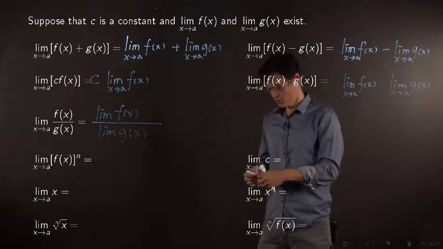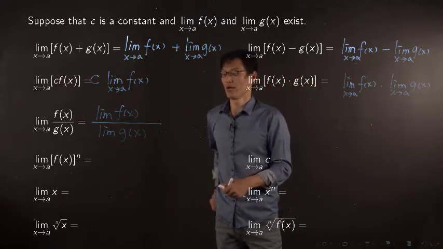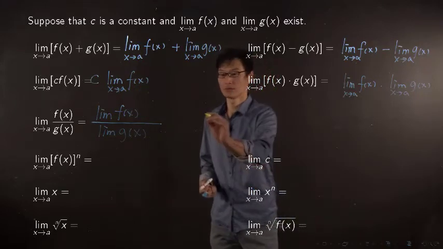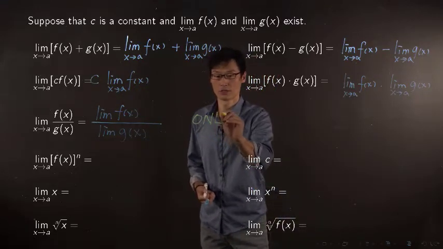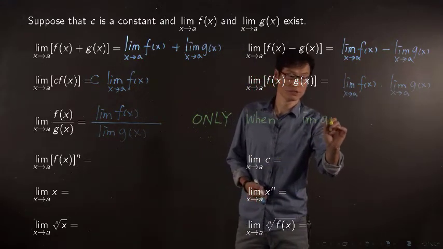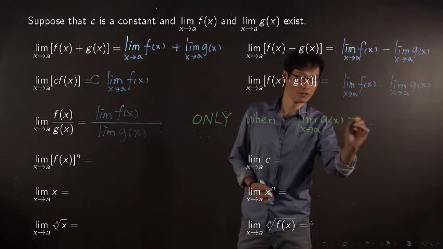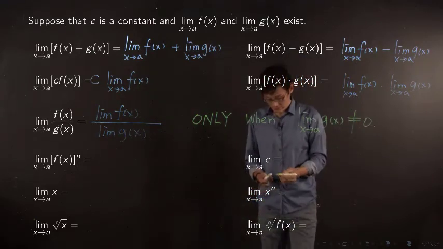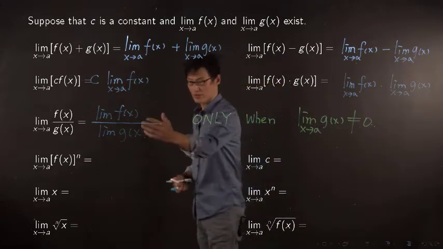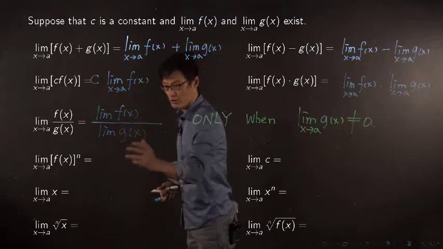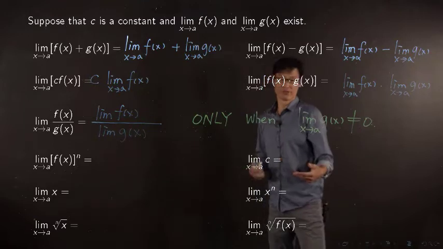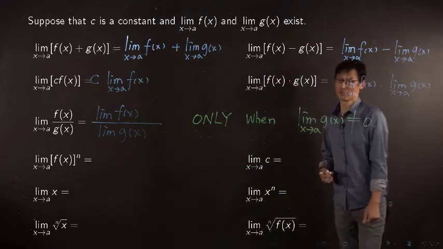This is true only when your limit of g is non-zero. So whenever this limit is non-zero, you can take the quotient of limits to find the limit of the quotient. We will discuss further later when your limit is 0 in the denominator.